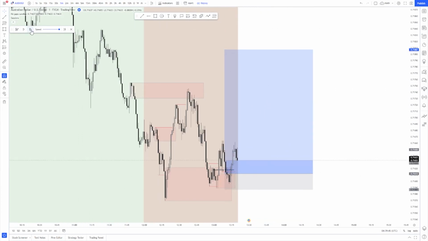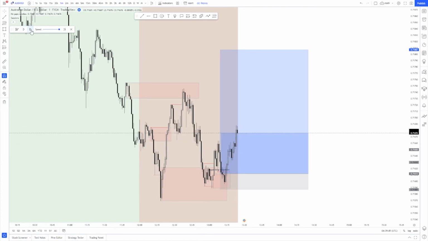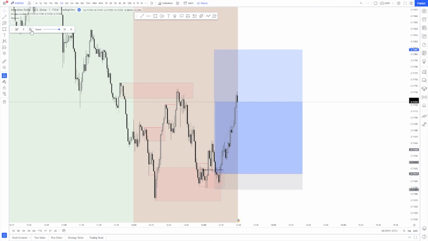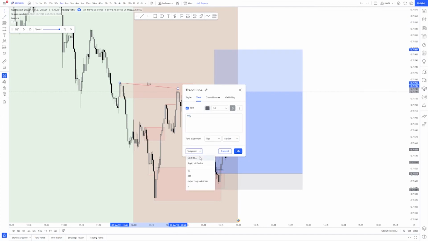Now the next crucial part is how do you manage this trade. Of course, these are equal highs, so we will be expecting price to definitely take liquidity out of them.